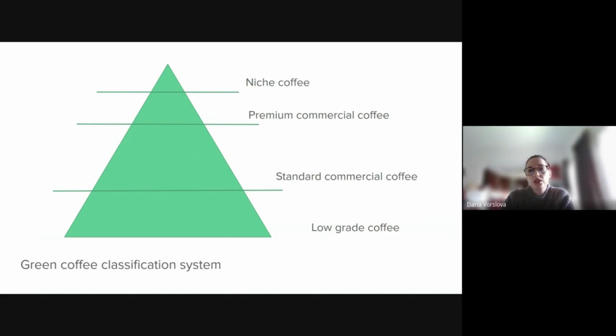Natural coffee usually was lower grade, and higher grade coffee was washed, because the process itself allowed us to get higher quality, more transparent in terms of acidity and flavors, and a cup clean of defects.